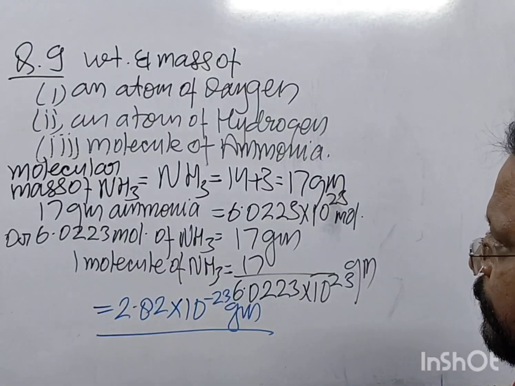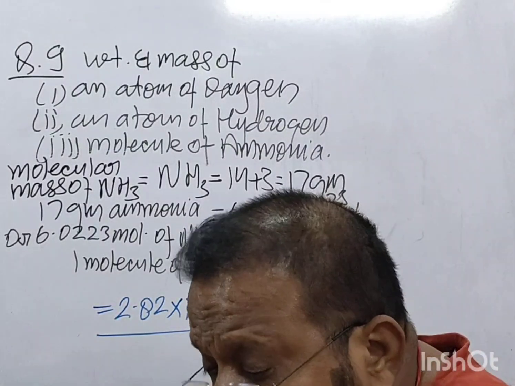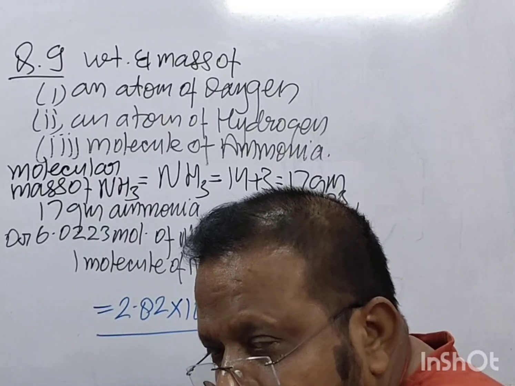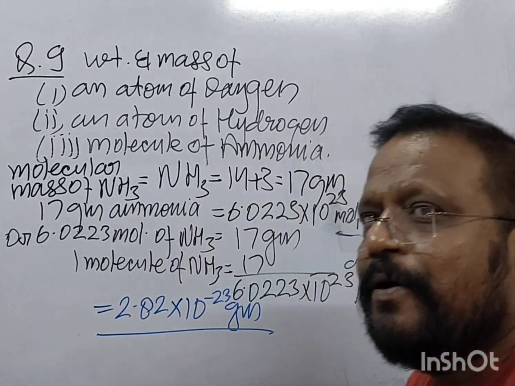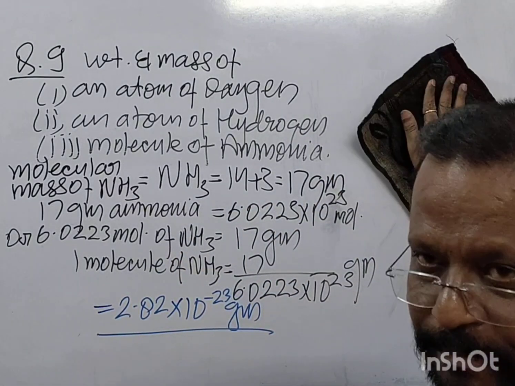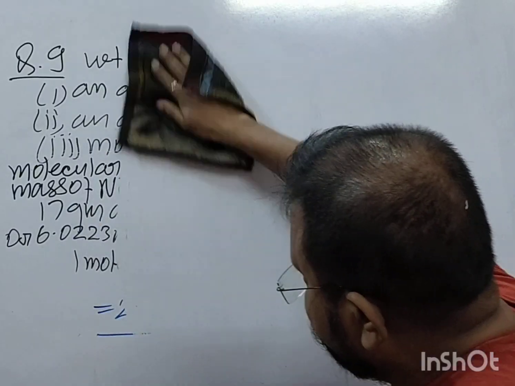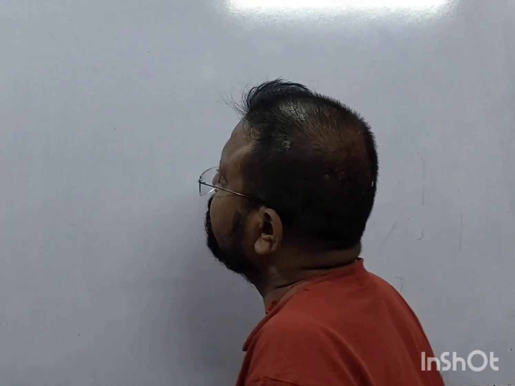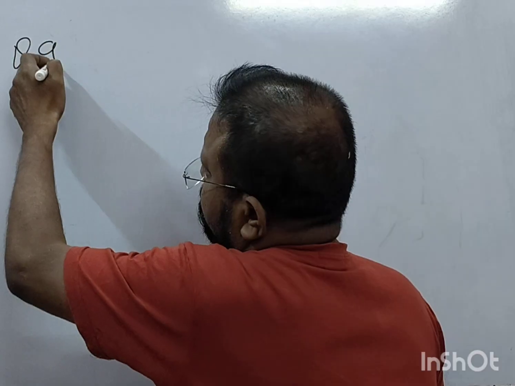10 raised to the power 22 atoms of carbon. Yeah, calculate the mass in weight. Okay. Should I write up? Question number? 9th, 4th part.